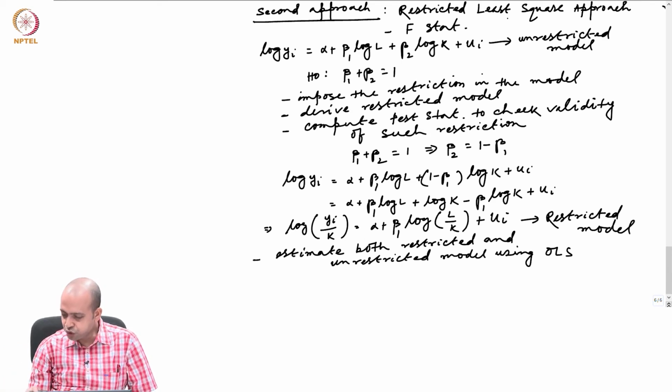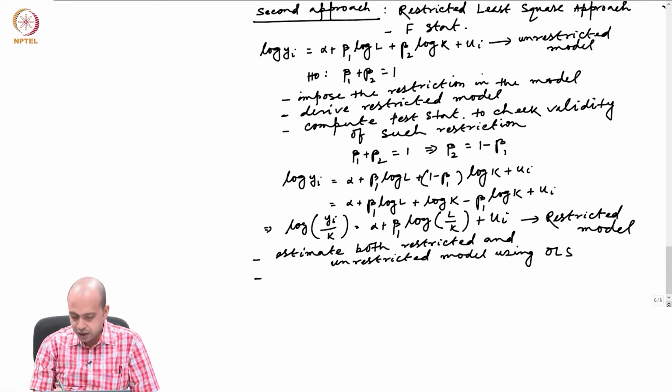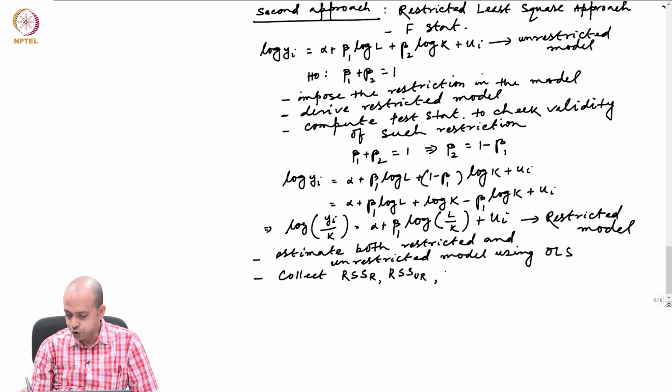So, estimate both restricted and unrestricted model using OLS and collect RSS, residual sum of square from restricted model, residual sum of square from unrestricted model, also R square from the restricted model and R square from the unrestricted model.